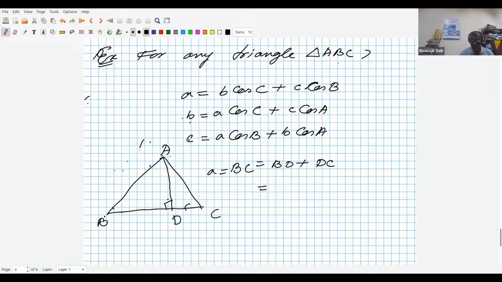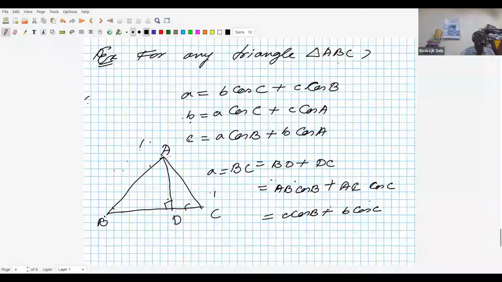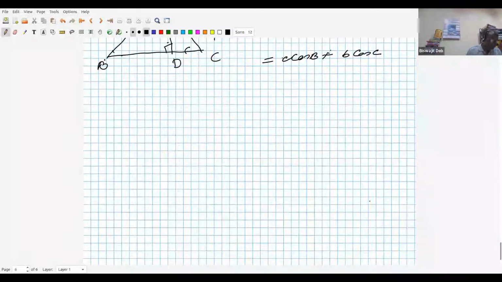Now, if I consider the right angle triangle ABD, BD is equal to AB cos B. And from right angle triangle ADC, DC is equal to AC cos C. This gives you the result: AB means small c cos B, and AC means small b cos C. If one of these angles is obtuse, then also you can get it. It's not that difficult.